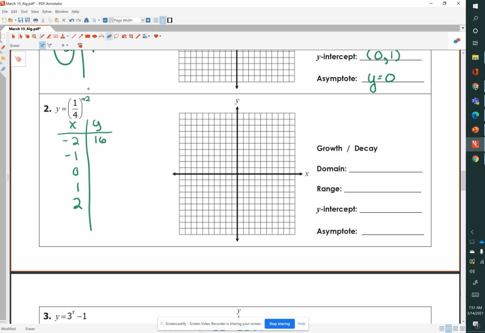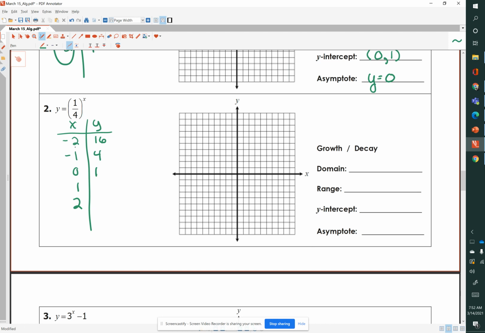When x equals negative 1, the value of the function is 4. 1/4 raised to the negative 1 power is 4. When x equals 0, the function equals 1. That's pretty simple. Anything raised to the 0 power equals 1.